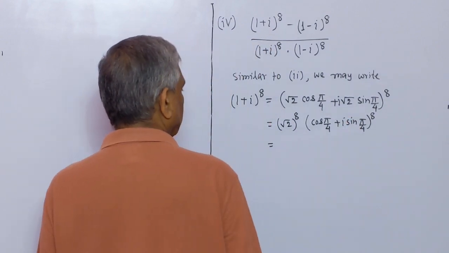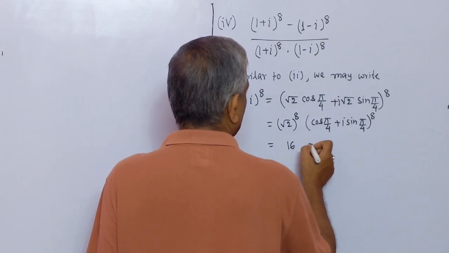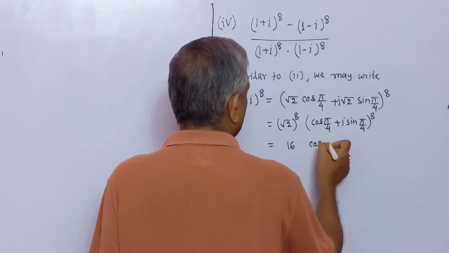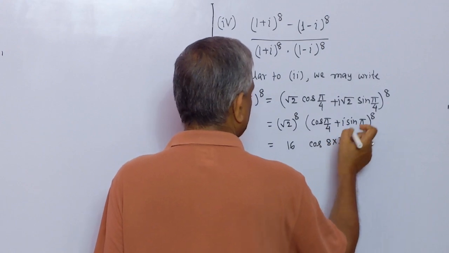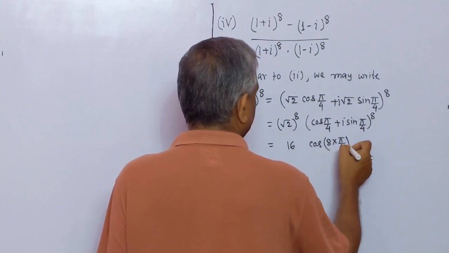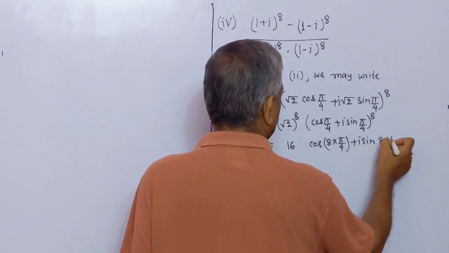This equals 16 cos 8 multiplied by pi by 4, by De Moivre's theorem, plus I sin 8 multiplied by pi by 4.